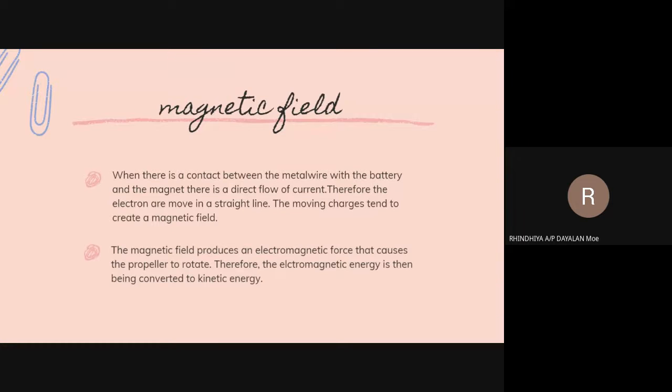So the metal wire acts like a switch, right? When this switch is fully connected, meaning everything is connected properly, there is a direct flow of current. So all the electrons are moving in a straight line in one direction, and when this happens, a magnetic field is formed around it.